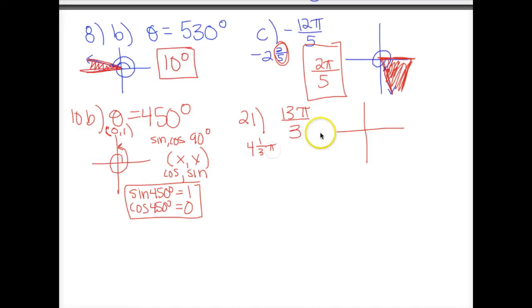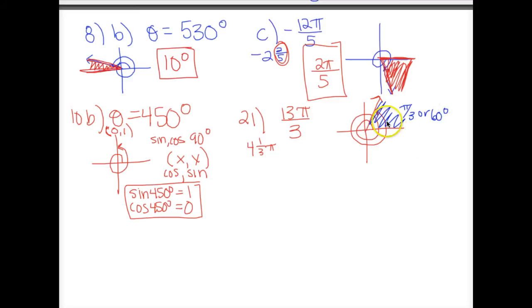So that's 4 1/3 pi. 2 pi is 1 rotation, so 4 pi is another full rotation, and then the 1/3 means I end up here at 60 degrees or pi over 3. So my reference angle here is pi over 3 or 60 degrees.